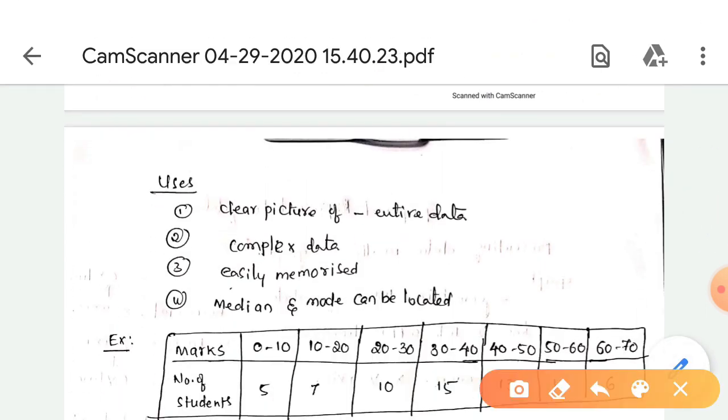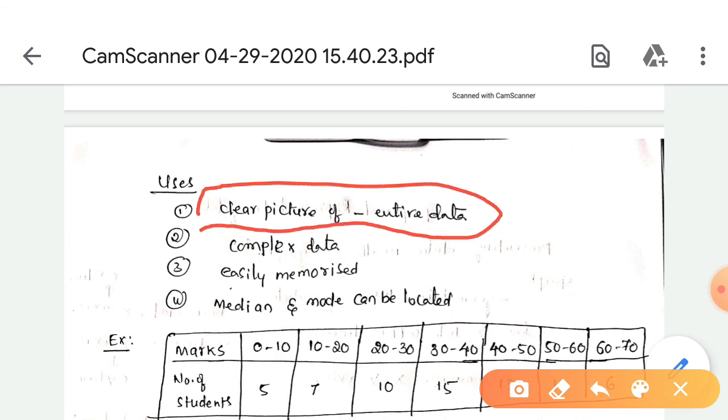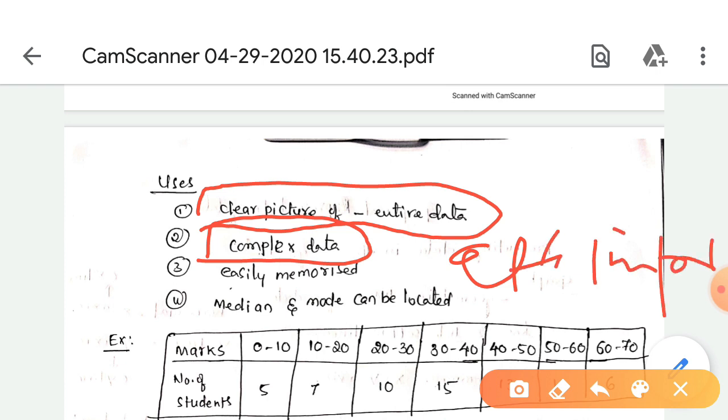Uses of the histogram: first, it gives a clear picture of the entire data.